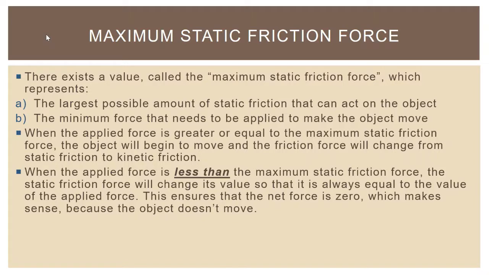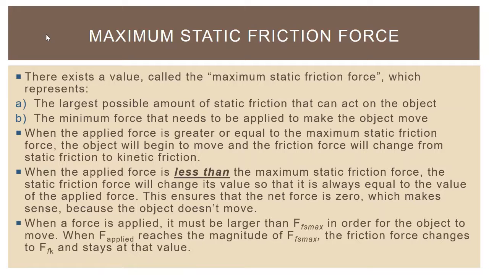And lastly, we'll say when a force is applied, it must be larger than that static friction force maximum in order for the object to move. And when the applied force reaches the magnitude of the static friction force maximum, the friction force changes to the force of kinetic friction, which, notice, is written in the same style as the force of static friction, F with the subscripts f and k, and then stays at that value.